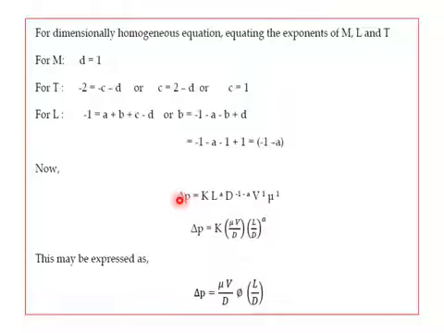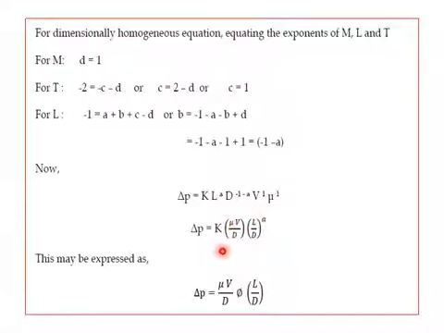So Δp should be equal to k L to the power of a, D to the power of b. So b is here minus 1 minus a, and v to the power of c, c is 1, and again mu to the power of d, so d is 1. Therefore we can write it as k, here mu, this is v, and (mu v by D) to the power of minus 1 can be written as mu v by D. Then the other like powers are L to the power of a and D to the power of minus a, which is written in the denominator as raised to the power of a.